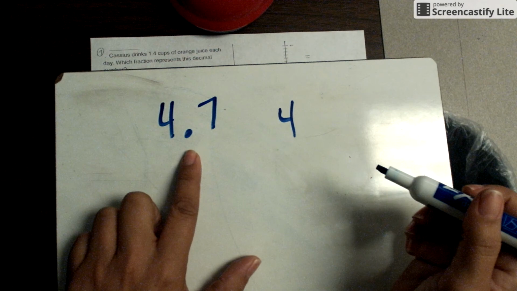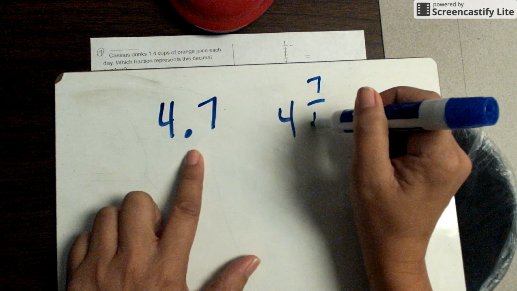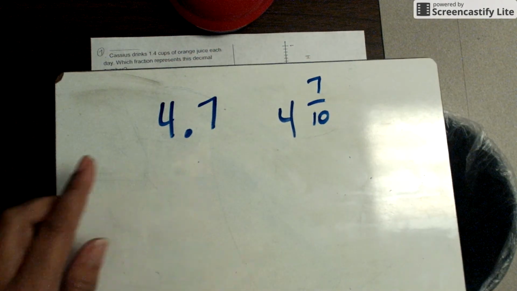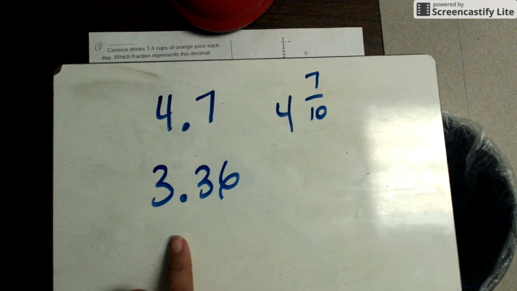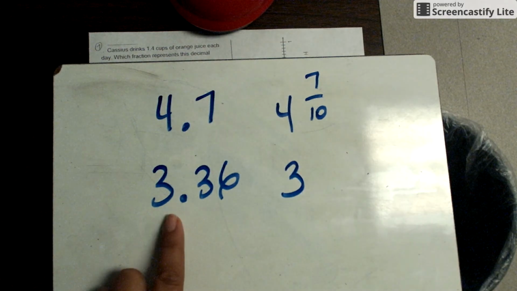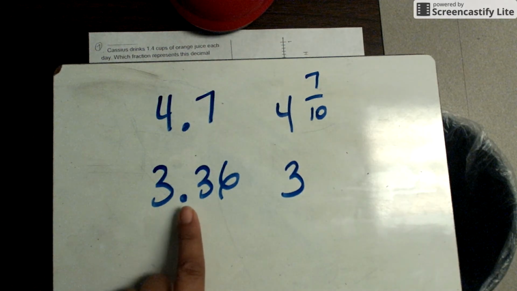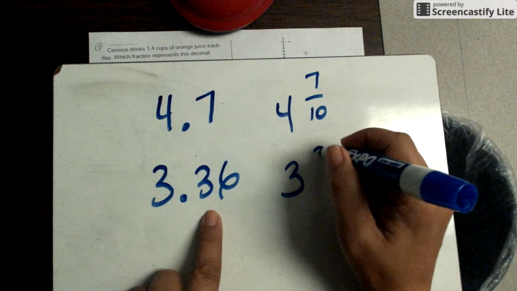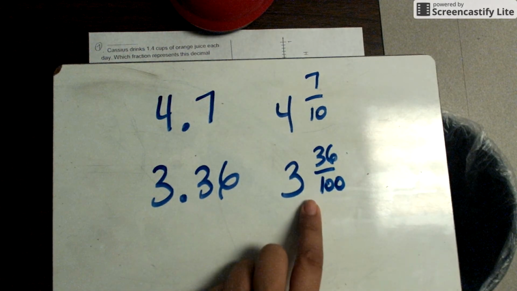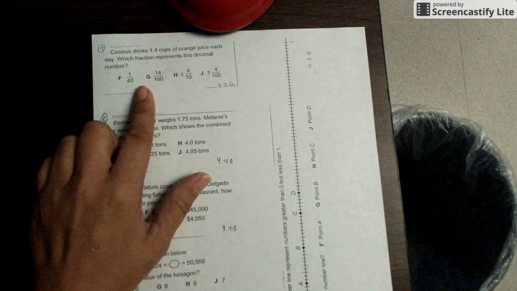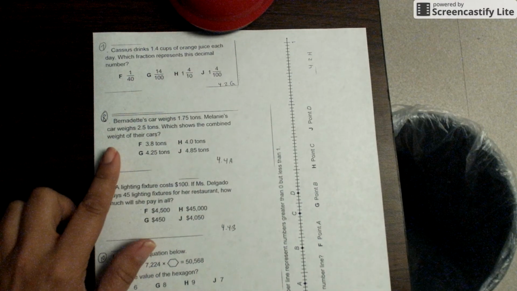I have 4 wholes and 7/10. Okay, if I gave you a decimal such as 3 and 36 hundredths, well, that's 3 wholes or 3 ones. And the decimal point means I also have 36 hundredths. And so I would write it like this. Okay, so use that information as you're working on number 7.